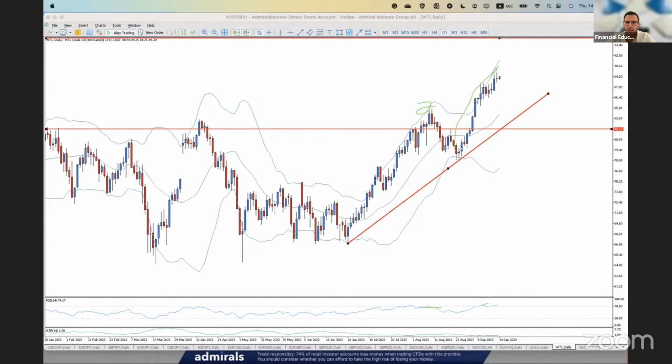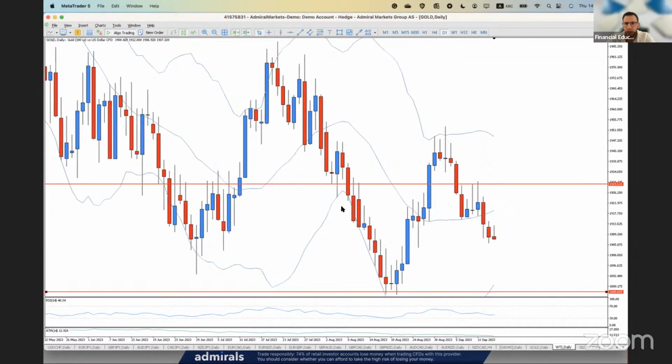So it looks like this is a healthy move to the upside compared to this move here. And these are the times we have to sit tight and wait like snipers for the price to come down to an area of confluence, like the upward trend line, like the horizontal support, and maybe the 20-period moving average from the Bollinger Bands indicator, and then look for buys.